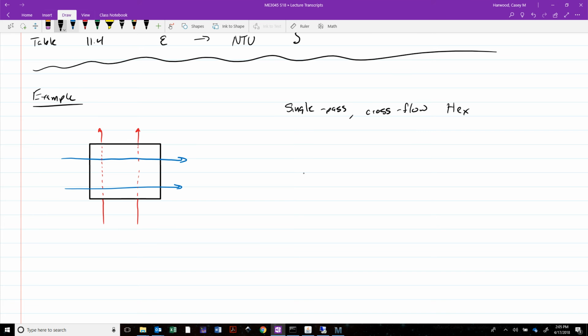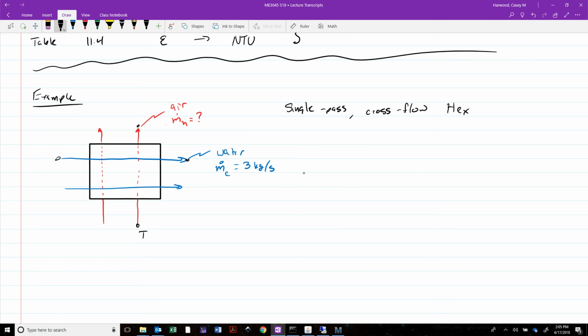So as I said, this cold fluid is water with a flow rate m dot sub c of 3 kilograms per second, and this is hot air for which we don't yet know the mass flow rate. We do, however, know the temperatures at the inlet and outlet of both fluids.